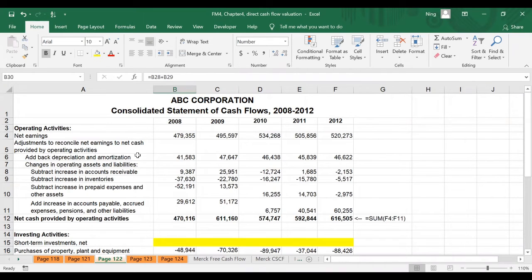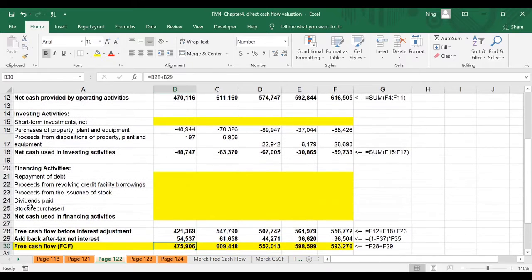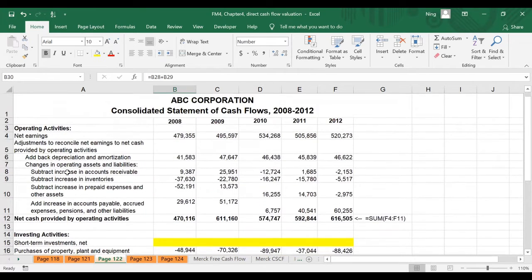Specifically, I retained all the information under operating activities because all of them are relevant, and then deleted short-term investments from investing activities, and then got rid of all the cash flows under financing activities. The next step, I will compute what is net cash provided by each category, and then sum them up.